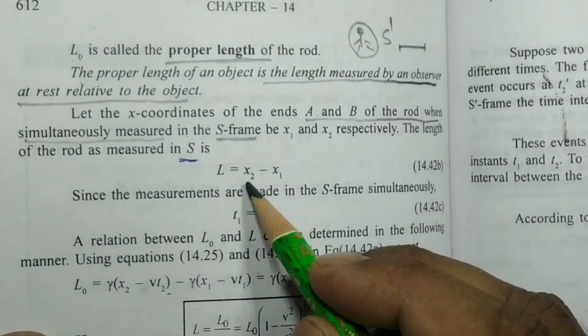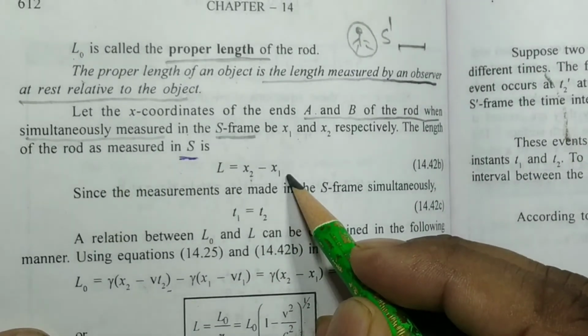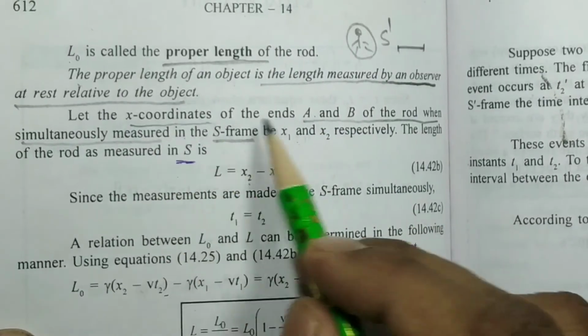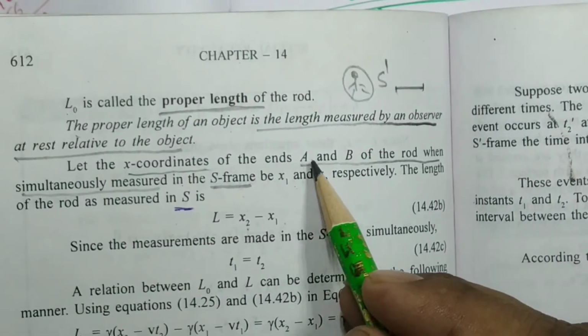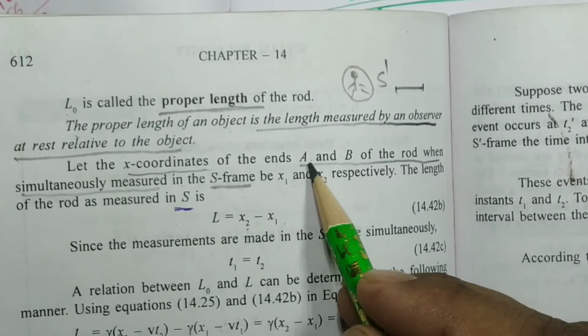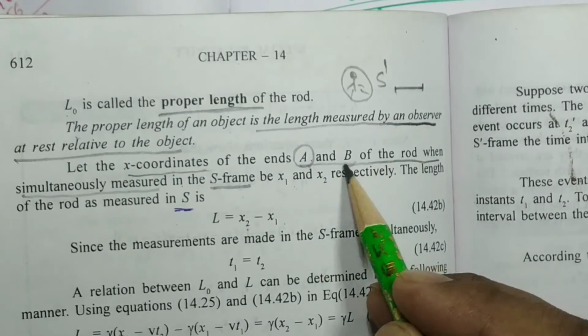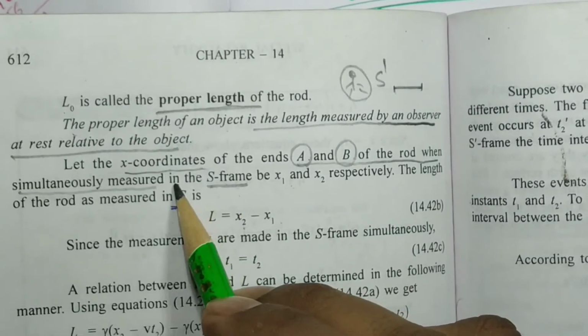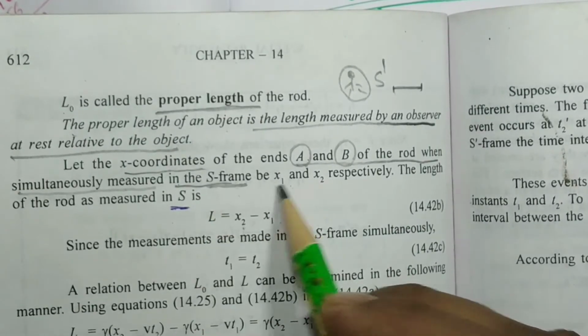At that time this observer measures the length of the rod as x2 minus x1, because let the x coordinates of the end points, that of A and B, as measured by the observer in the S frame, be x1 and x2.